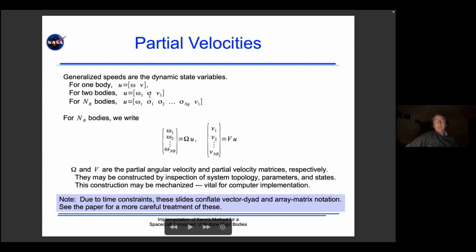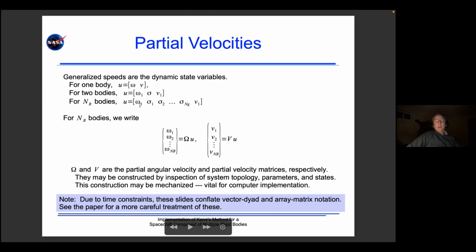It's just the speed that's in the joint. So if I've got 2 bodies, they're connected by a joint. If I've got n bodies, then for any particular body, I can figure out what its velocity and angular velocity are by knowing what the first body is doing, and then what all the joints in between the first body and whatever body I want are doing.